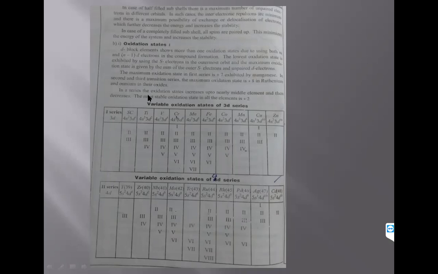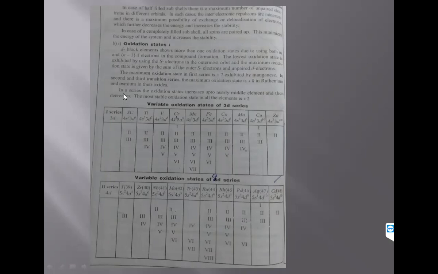In the beginning of this chapter, I told you that there are three transition series in d block elements: first, second, and third. The first transition series is also known as the 3d series, the second as the 4d series, and the third as the 5d series.